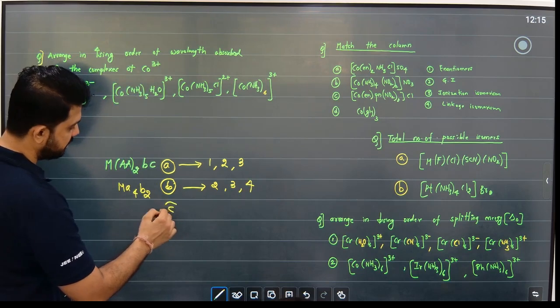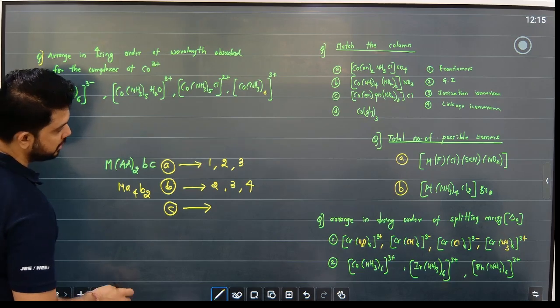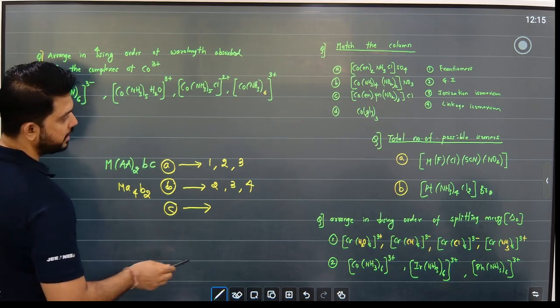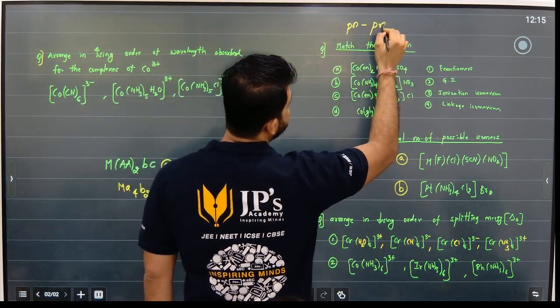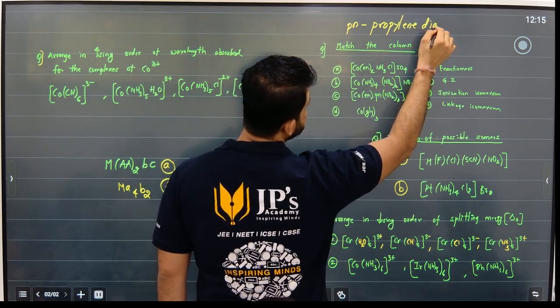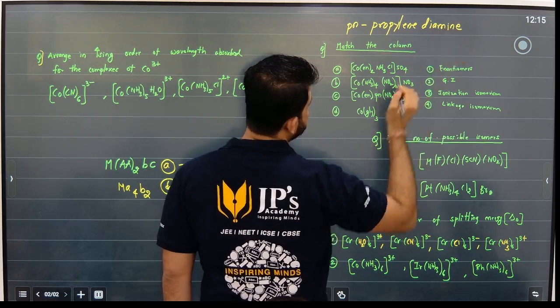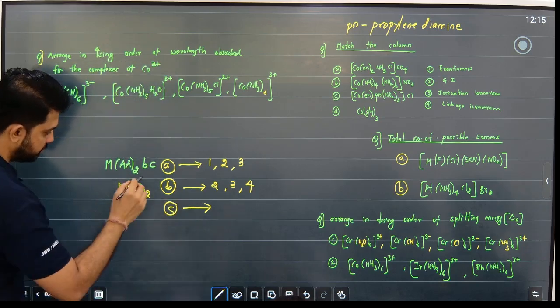Next, the C one. Co en pn. What is pn, people? Propylene diamine, a neutral bidentate. So which form is that?